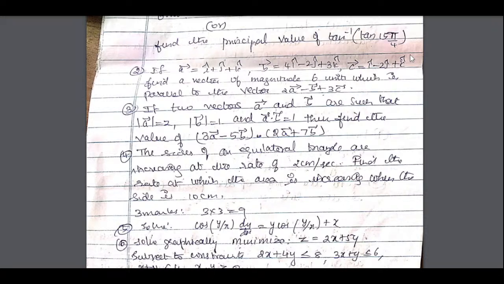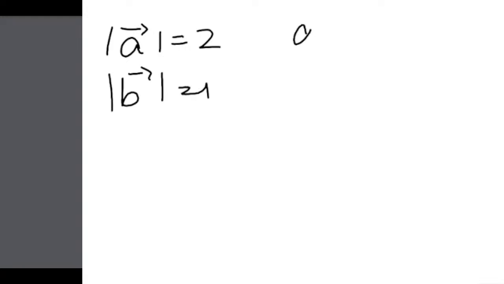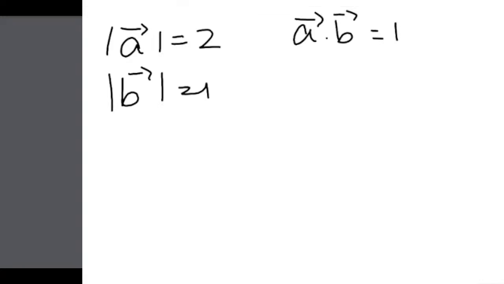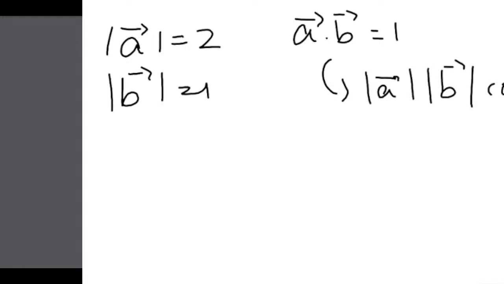Okay, so what can we do here? So they've given us magnitude of a vector is equal to 2 and magnitude of b vector is equal to 1, and a vector dot b vector is equal to 1. Okay, so we know that a vector dot b vector is equal to magnitude of a vector, magnitude of b vector into cos theta, right?